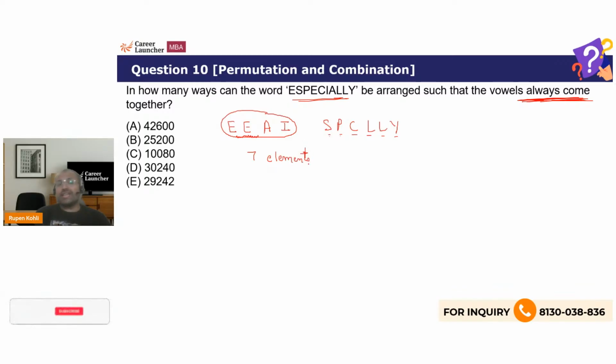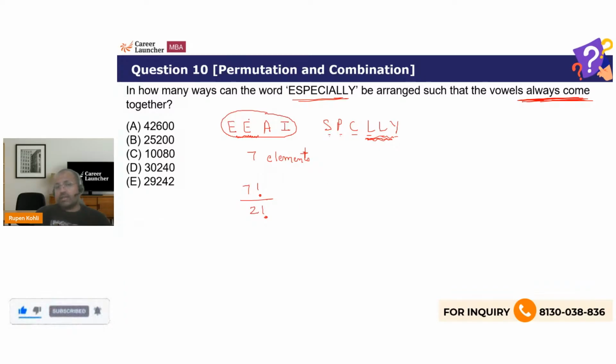So first arrange these 7 elements in which there is one repetition of L. So you can arrange these 7 elements in 7 factorial, divided by 2 factorial ways because L is repeating twice.